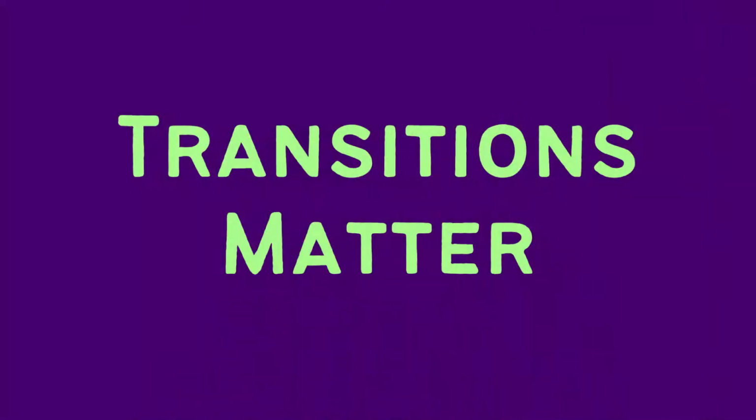And part of that means the transitions matter. In other words, you want to be able to end a segment, a scene, a part of the story that you're going to cut away from to another story.